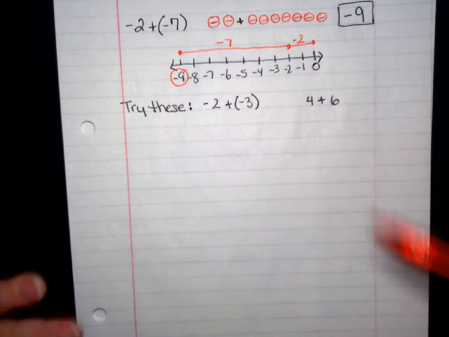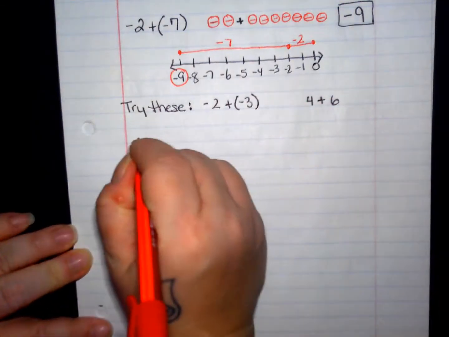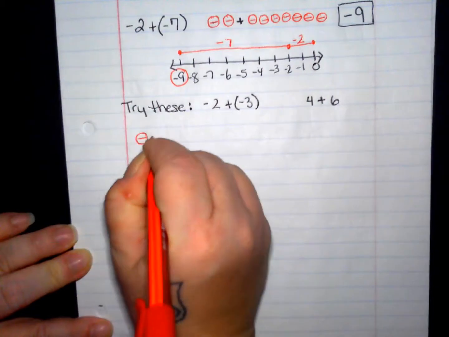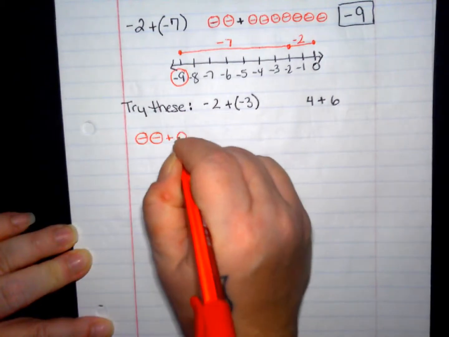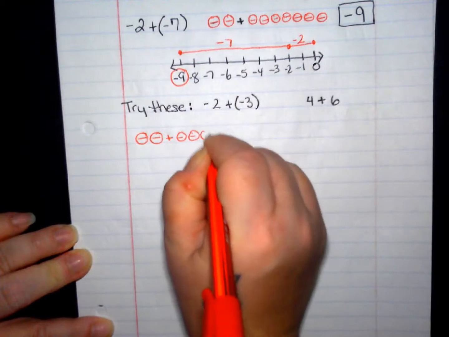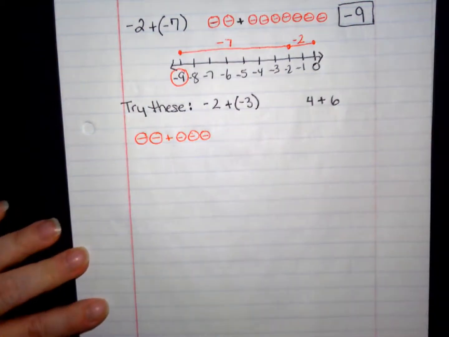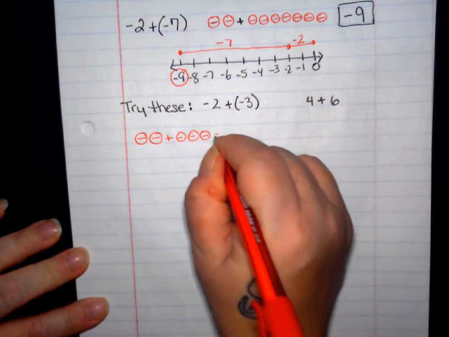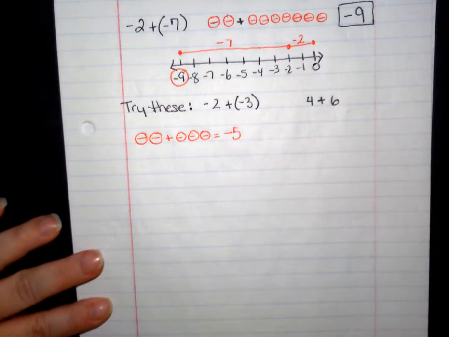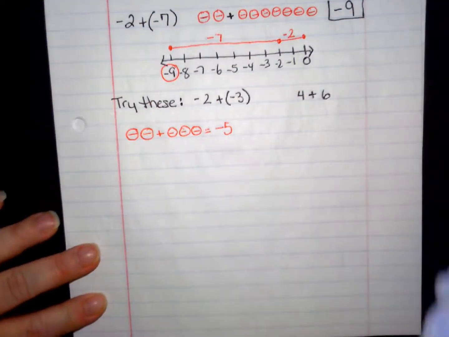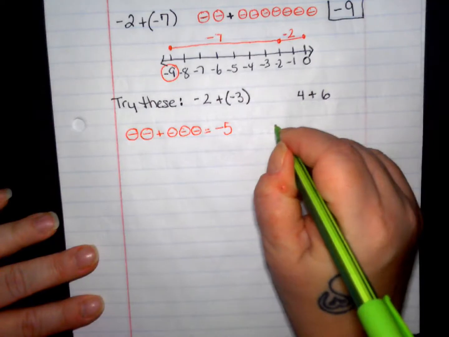Okay, so for the first example, we have -2 plus -3. So how many negatives do I have? I have -5. All right, and then for the second one, remember, you're supposed to model. So now you need to draw some yellow or green chips.